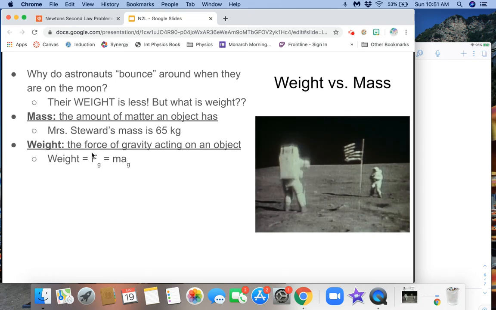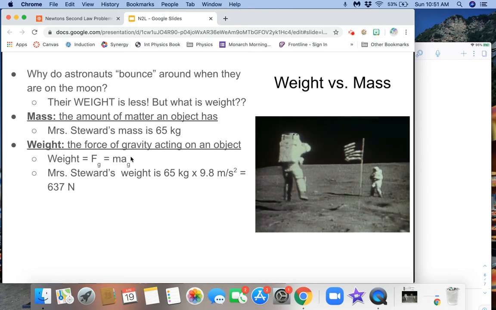So the weight is the force of gravity, which is equal to mass times acceleration of gravity. So my weight would be my mass, 65 kilograms, times the acceleration of gravity on Earth, which is 9.8 meters per second squared, which is about 637 newtons.